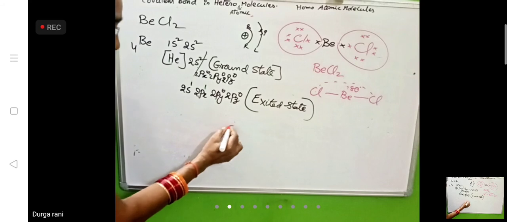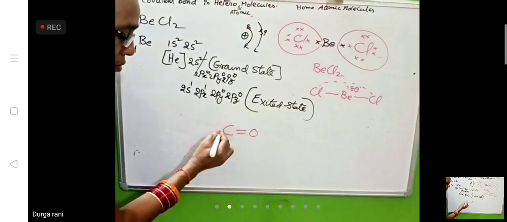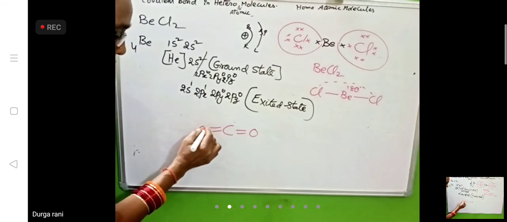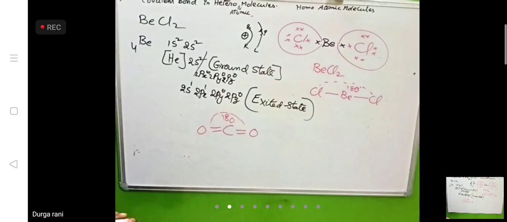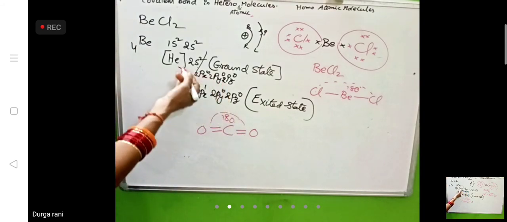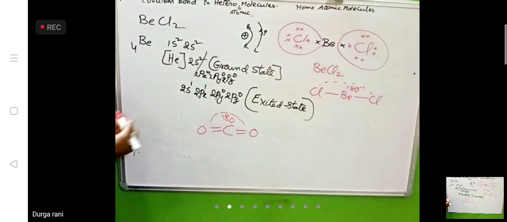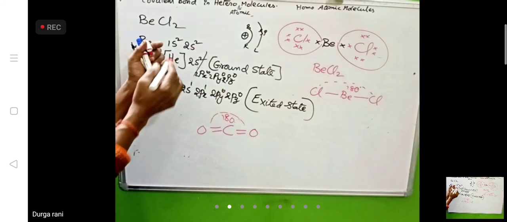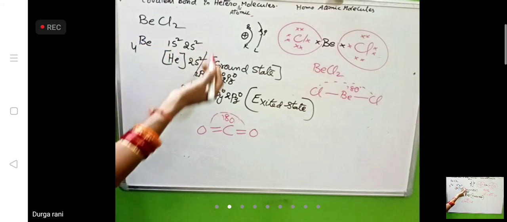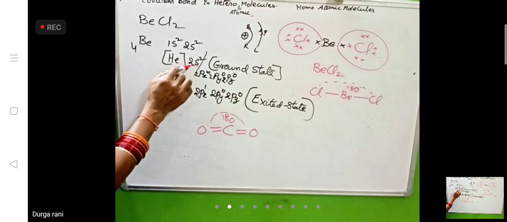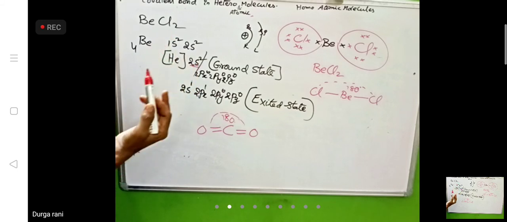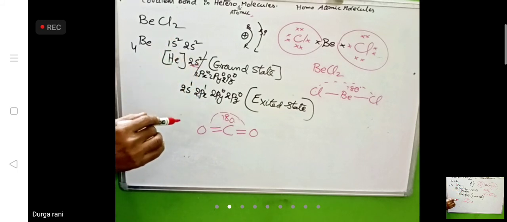Next, if you take the CO2 molecule. The inner electrons do not have any facility to jump from here to there. It is possible only in the valency electrons, they can rearrange, but not the inner electrons. So with only 2s2, beryllium will not have sufficient stability.